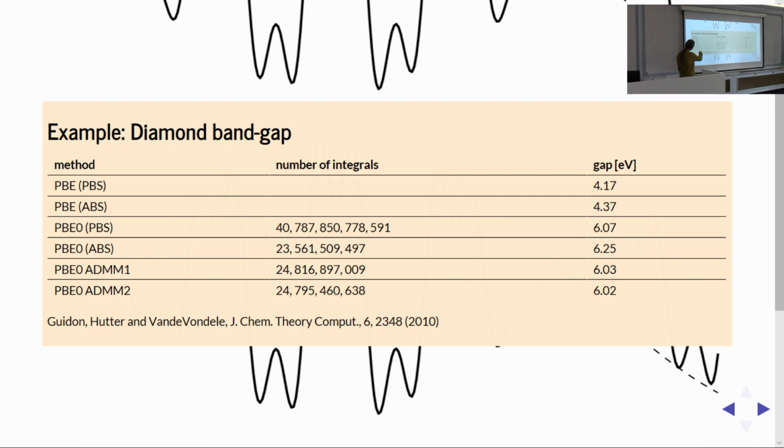But if I do a PBE calculation using the primary basis set, I've forgotten what it is, but quite a good quality basis set, I get a band gap of 4.2 electron volts. If I introduce our auxiliary basis set and do the same calculation, I get 4.4 electron volts.